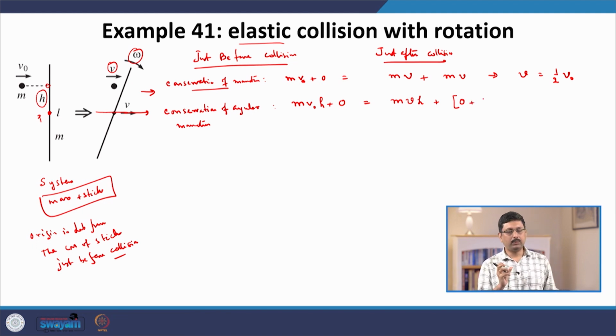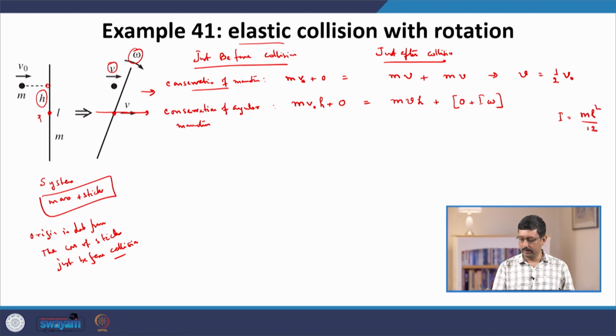The angular momentum about the center of mass is I omega, where the axis of rotation passes through the middle point of the stick and is perpendicular to the screen. From our earlier example, I is m L square by 12.